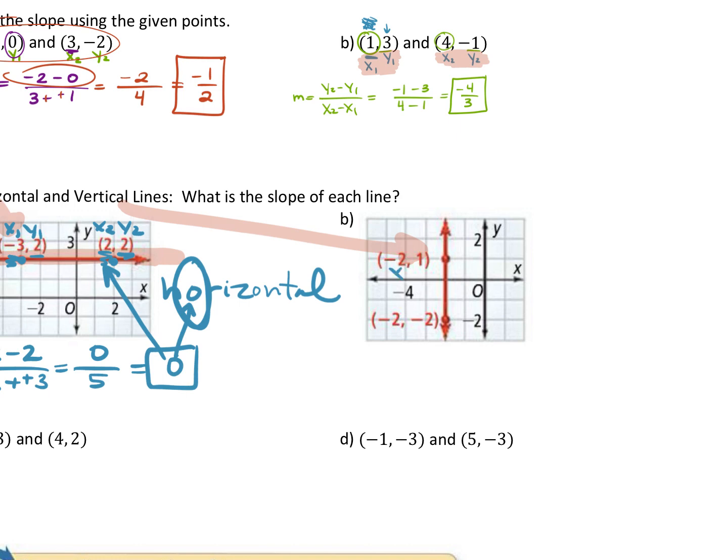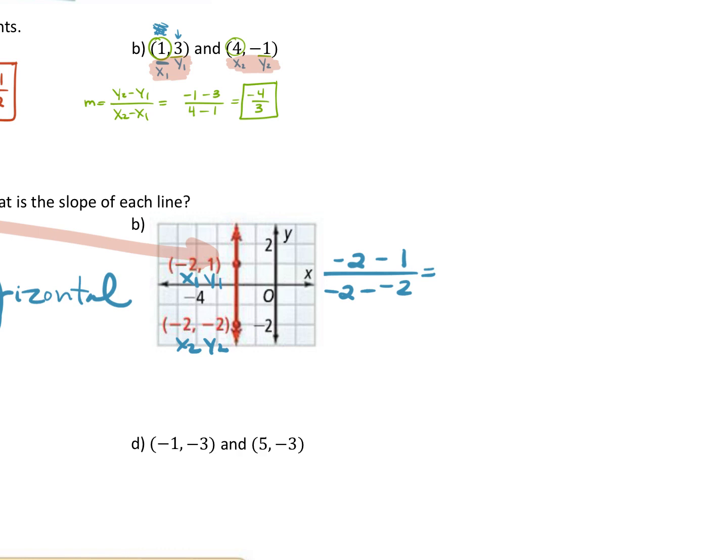Here's how you do it. If this is x1, y1, and x2, y2, you would go y2 minus y1 over x2 minus x1. Okay, look what happens. Negative 2 minus 1 is negative 3. What's negative 2 plus 2? 0. Plug that into your calculator. Negative 3 divided by 0. Syntax error.